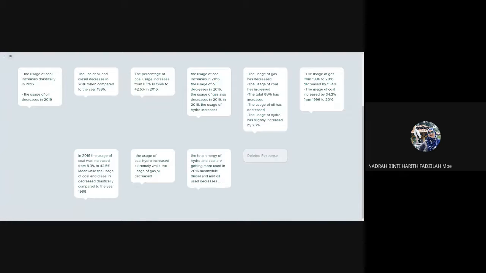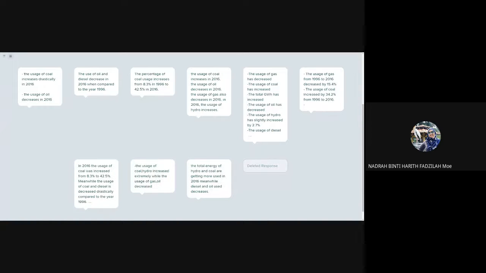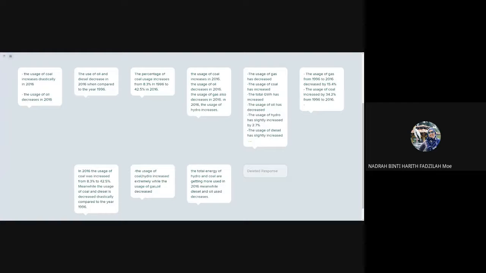I can see that you can make comparisons very well ya. Ada lagi tak yang nak tambah kat sini? Silakan boleh tambah, tak ada masalah.